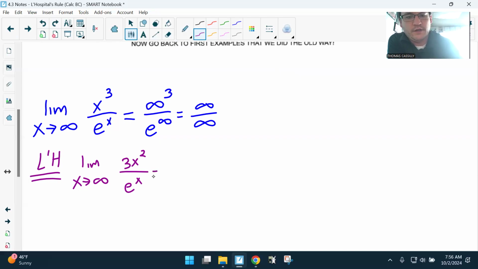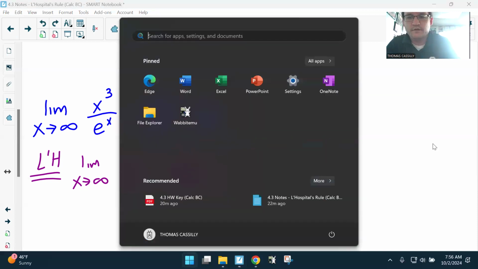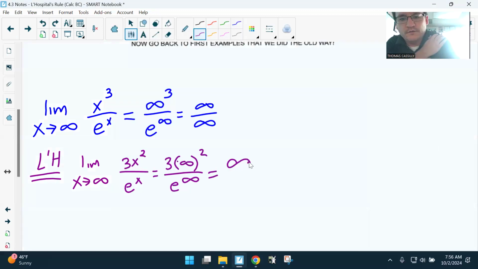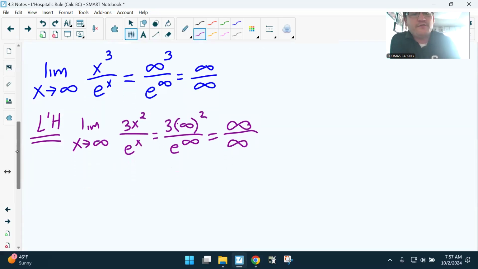If we plug in here, we have 3 times infinity squared over e to the infinity, which still gives us that indeterminate form. So what are we going to have to do? We're going to have to apply L'Hopital's rule again.